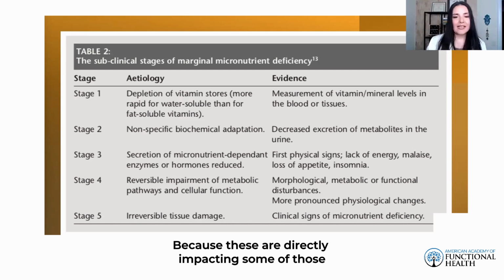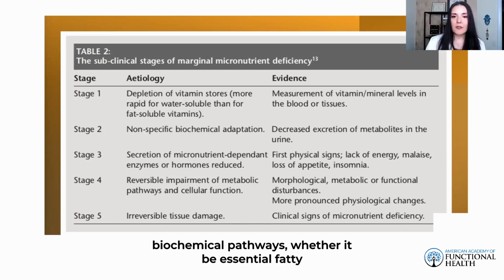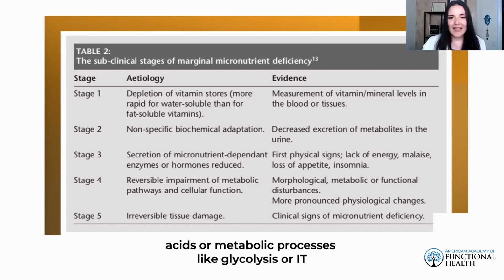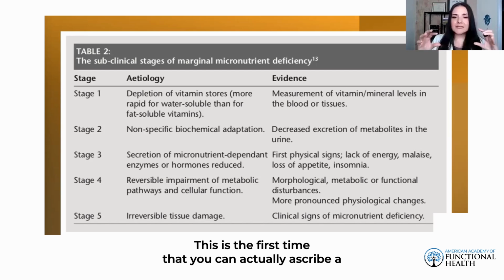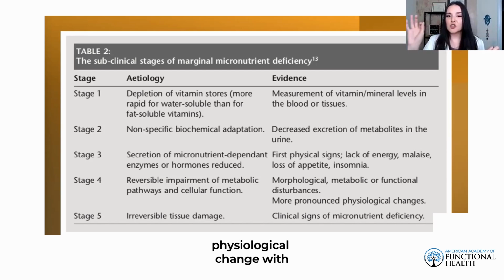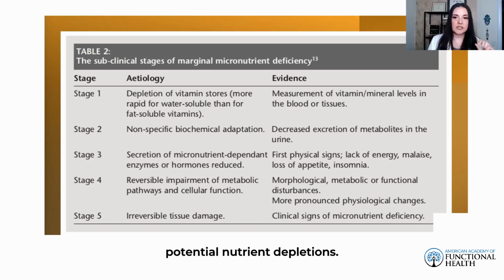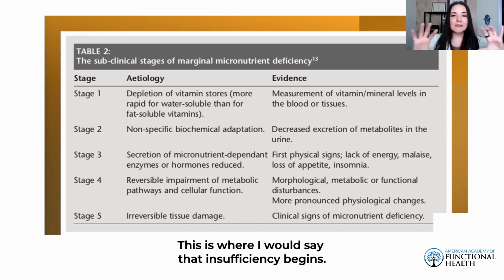Because these are directly impacting some of those biochemical pathways, whether it be essential fatty acids or metabolic processes like glycolysis, or mitochondrial function, right? This is the first time that you can actually ascribe a physiological change with potential nutrient depletions. This is where I would say that insufficiency begins.